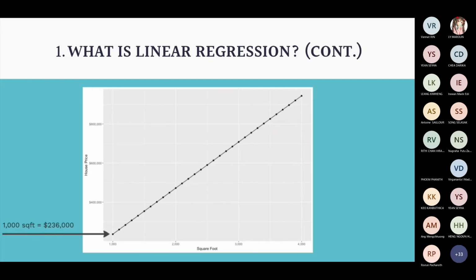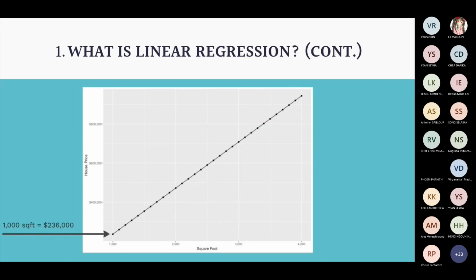For example, if we want to predict the house price given the square footage of the homes, and the average value per square foot is, for example, $236. If we graph this, it looks something like this. As the result from this graph, a 1,000 square foot home equals $236,000.